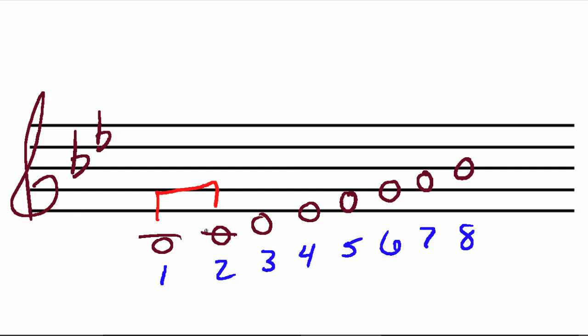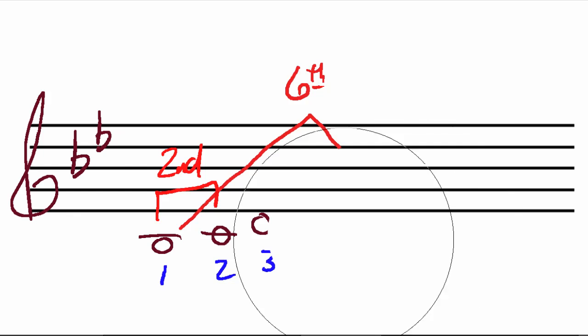Interval between B flat and C is a second. Interval between B flat and G, we call this a sixth. Again, this is just the number interval. It does not show the quality of the interval, which I'll discuss in another video.